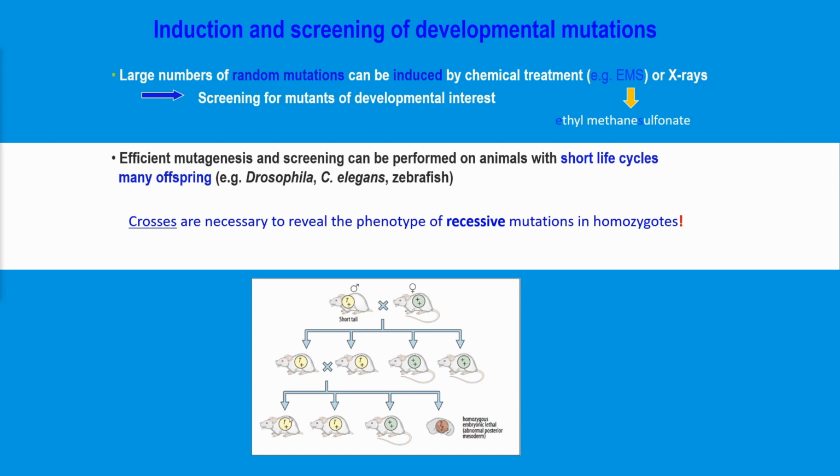So similar to here, you might have the generation. You have the adult who has been fed something. His germ cells need to be mutated to pass that on to the progeny. So he would have a mutation in some gene you don't know. You cross that to wild type to recover potential mutants.